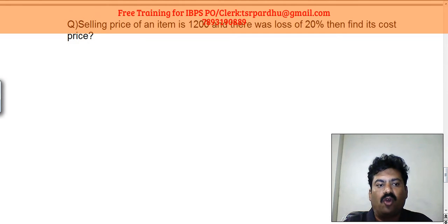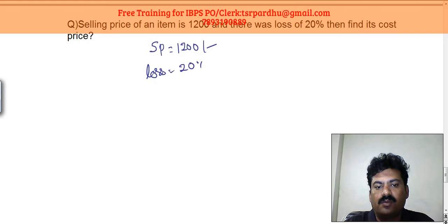When you look into this problem, the selling price of an item is 1200 and there was loss of 20%, then find its cost price. Okay, in this example, the selling price has been given as SP is 1200 and there is a loss of 20%, and we need to find out cost price.